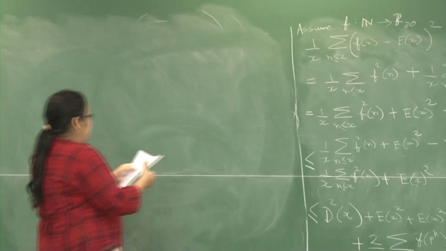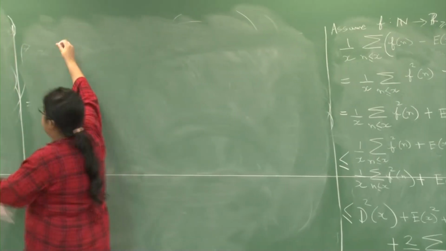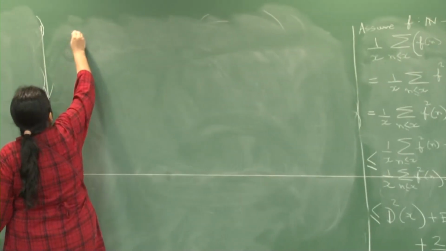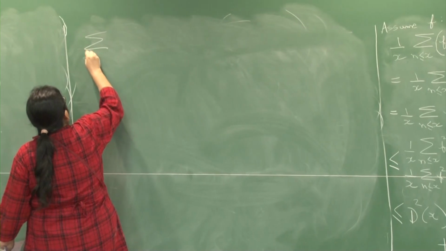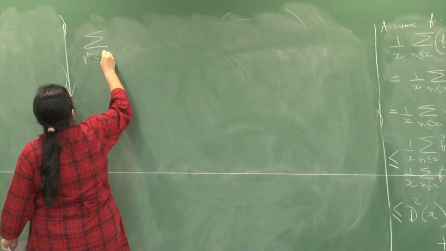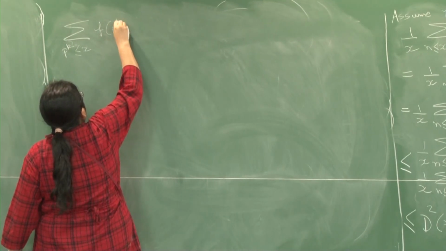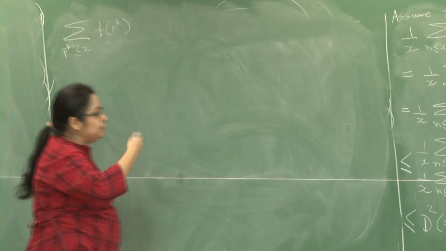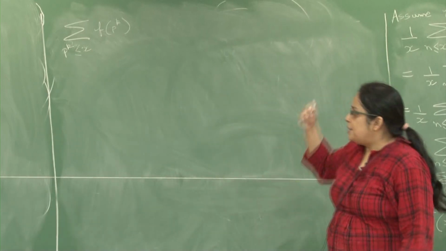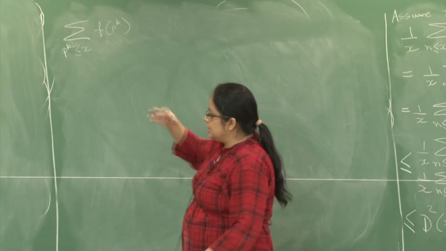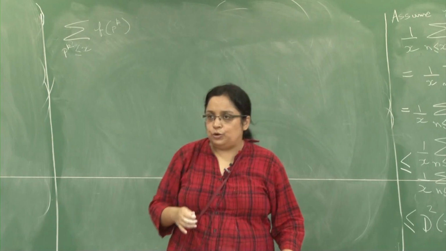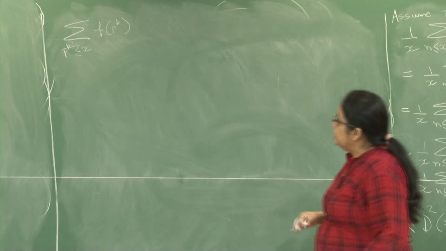So let us look at these term by term. So let us take this sum, p raised to the k less than or equal to x f of p to the k. Okay, so here we are actually using some arithmetic manipulations and some of the standard inequalities that we use a lot in analytic number theory.